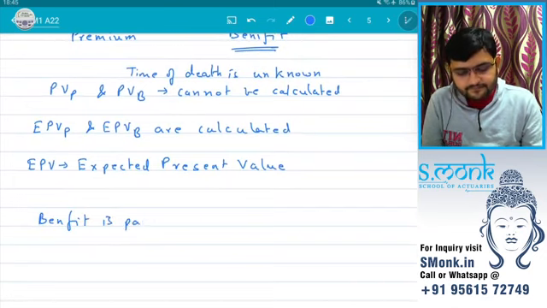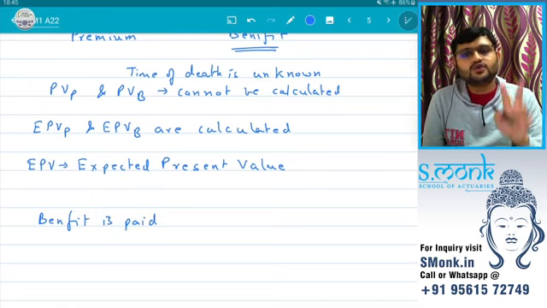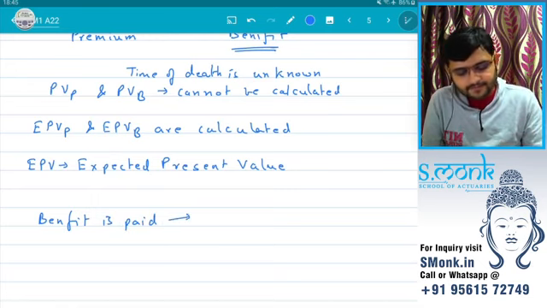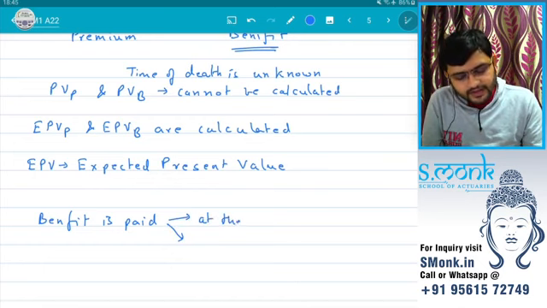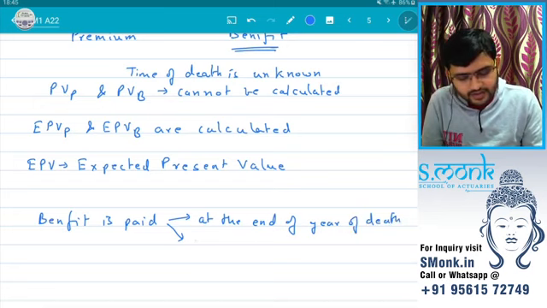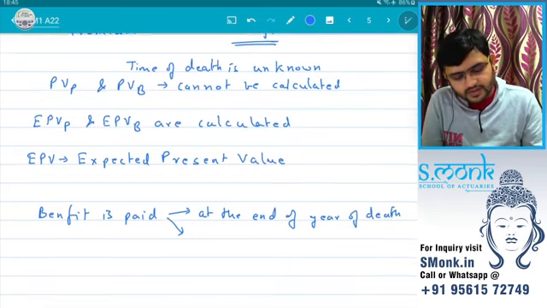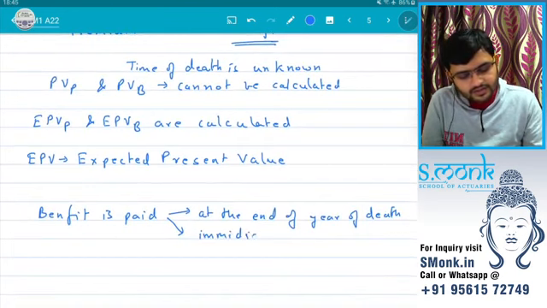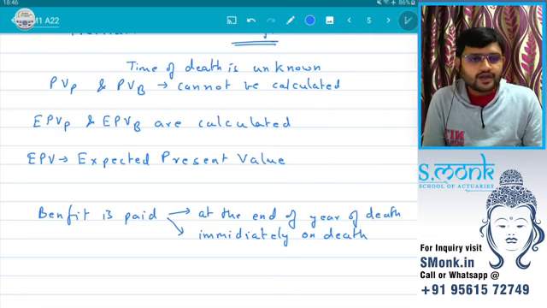Before we talk about this, we'll always take into account two types of payments: benefit paid at the end of the year of death, or immediately on death. At any given point in time, if a policyholder dies, the payment can take two forms.